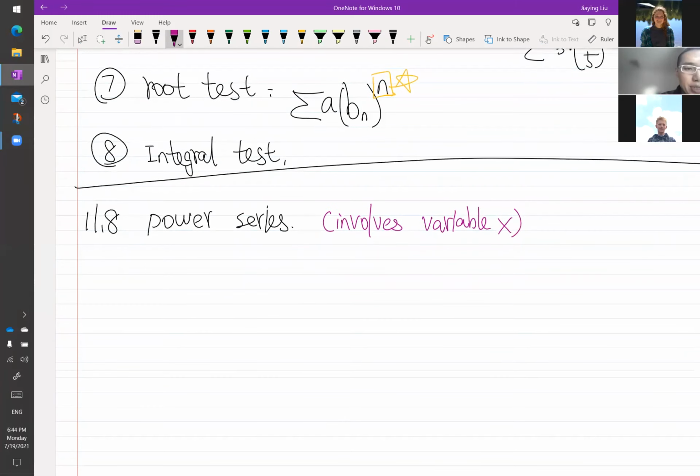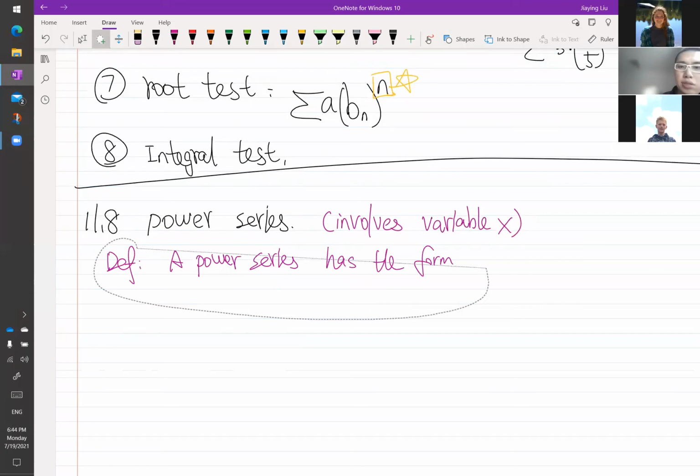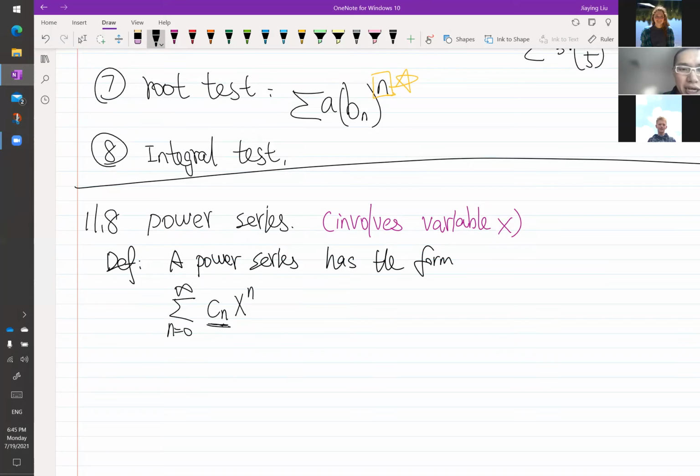So by definition, a power series has the form sigma n from 0 to infinity Cn x to the power of n, where Cn is just coefficients. And if we expand this term, we just plug in n equals 0, n equals 1, n equals 2.